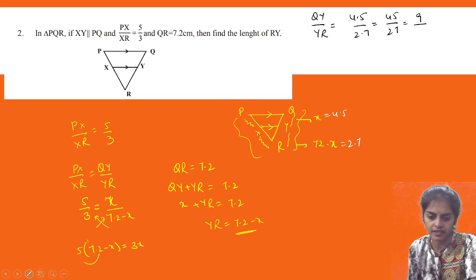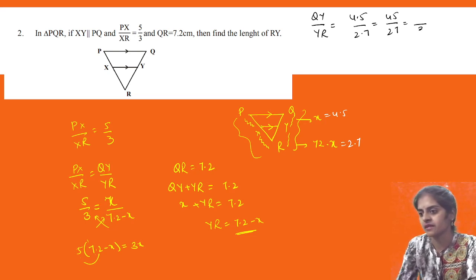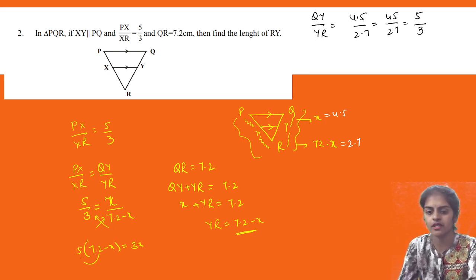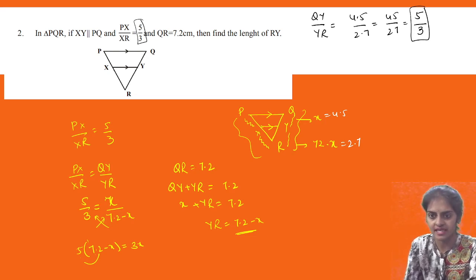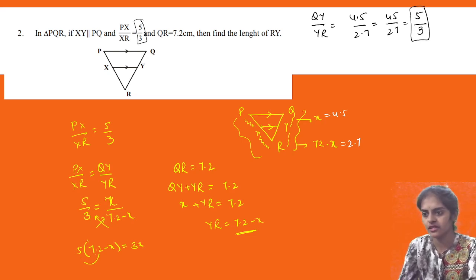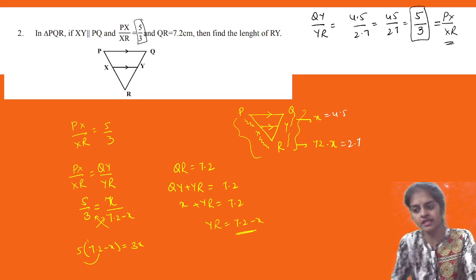In 5 table, we cannot cancel it out. So you can actually take 9 table. 9 threes are 27, 9 fives are 45. So how much is the ratio I got? 5 by 3. And here PX by XR is also 5 by 3. So therefore you got QY by YR equal to PX by XR. Both the ratios are the same. That is what is BPT.